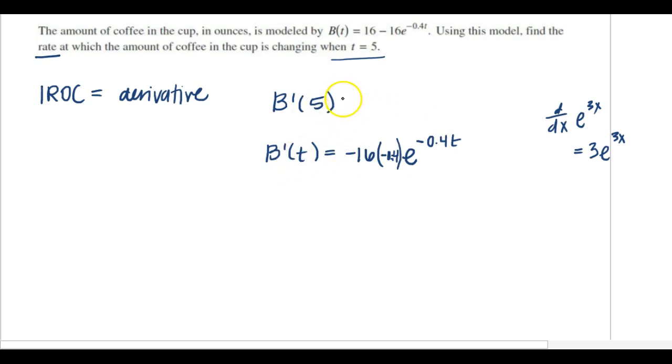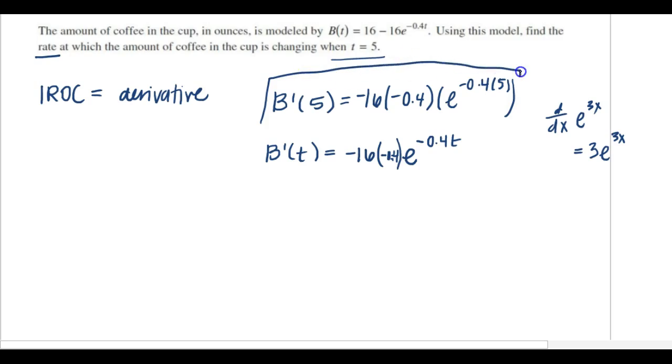We have to plug in the 5, and then we're done. So it'd be negative 16 times negative 0.4, and then e to the negative 0.4 times 5. And then we can leave it like that. So I got ahead of myself there. I was asked to find the derivative at 5, the rate at 5, so I just plug in my number, make sure I have the right amount of parentheses everywhere, and that is my answer.